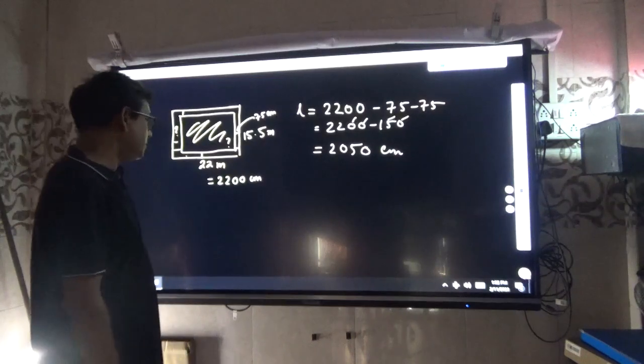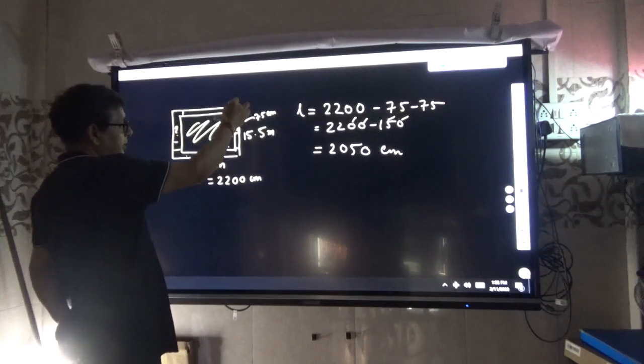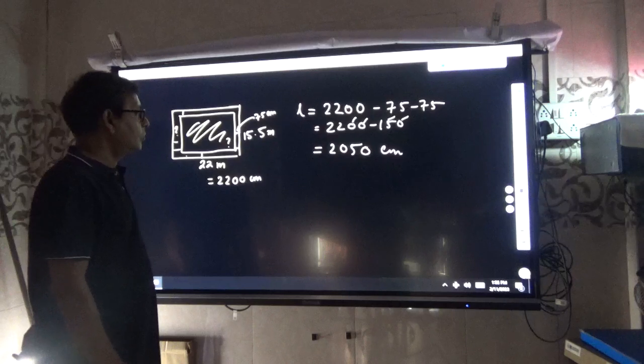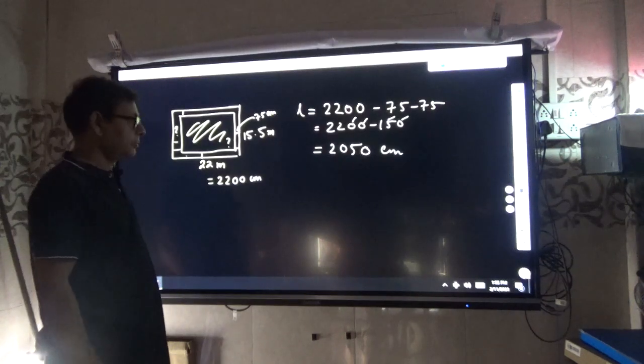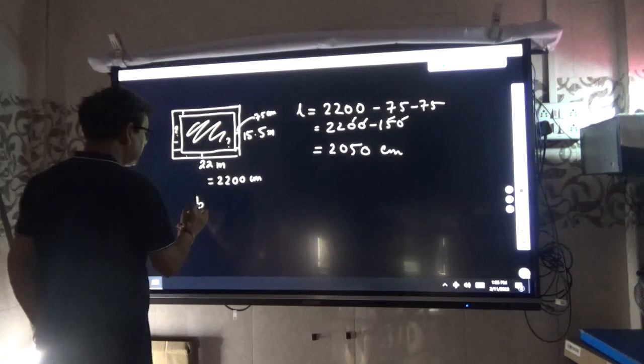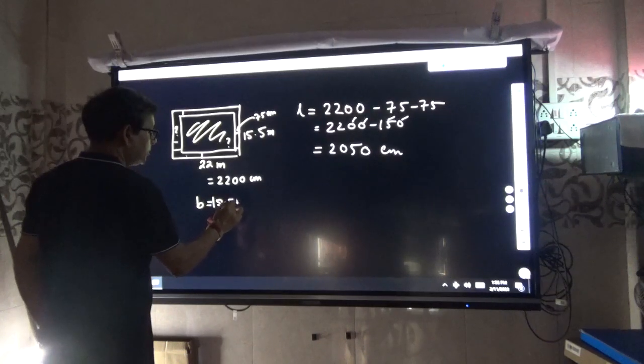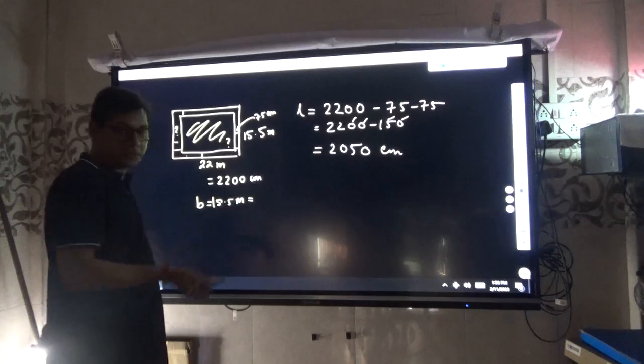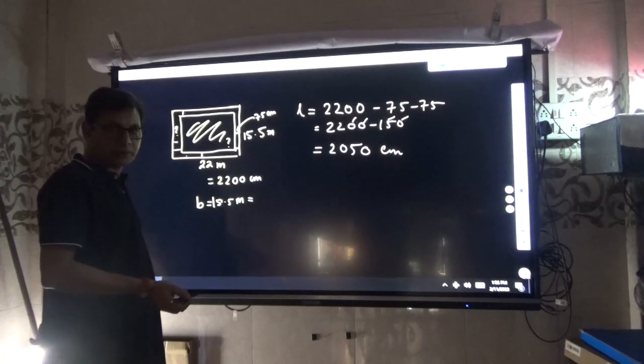Similarly, what is the width of this carpet? If this is 15.5 meter, the breadth of this is 15.5 meter. So we have to convert it into centimeter first, then only we can subtract.